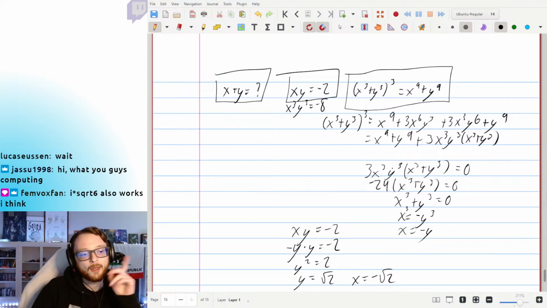So I got that x is minus root 2, y is root 2, and so their sum is 0. And I'm pretty sure that's just the answer, like the sum is 0, unless you allow for complex solutions. I was trying to follow different paths suggested by Megalomorph to verify that.